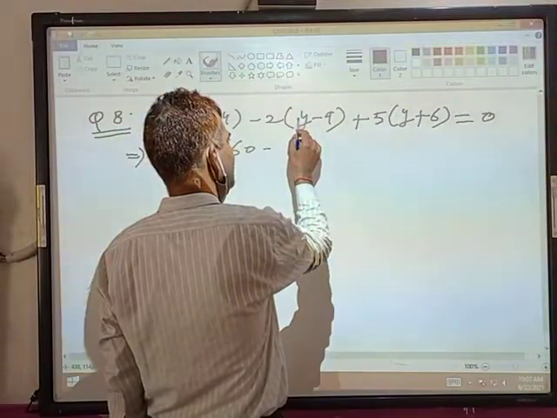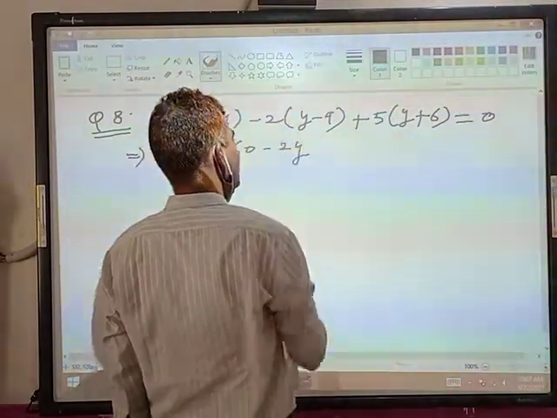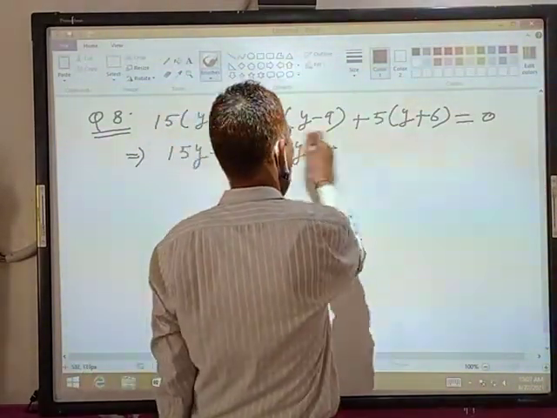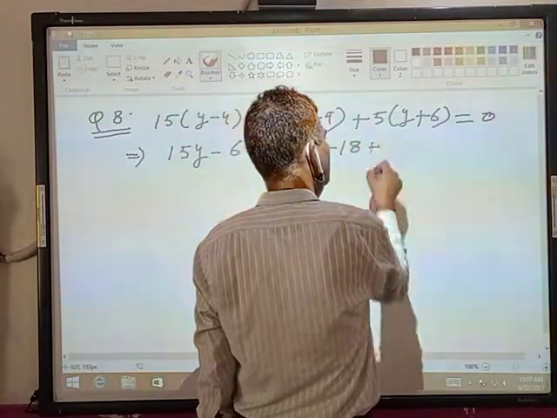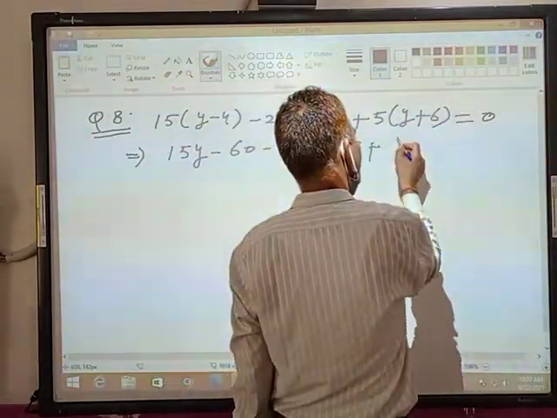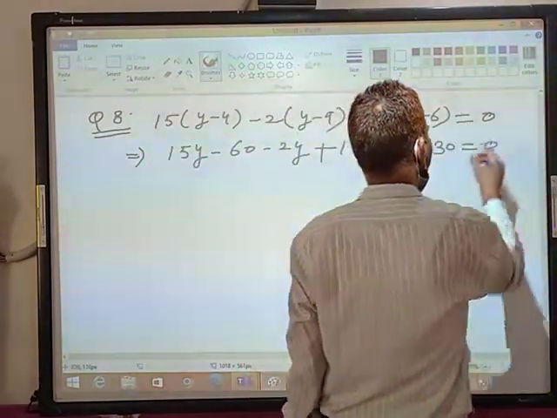Student, here it is minus 2 into y, minus 2y. Then minus times minus, plus 2 nines are 18. Student, we will multiply this with 5: 5y plus 5 sixes are 30, is equal to 0.